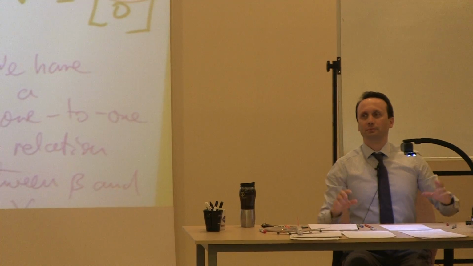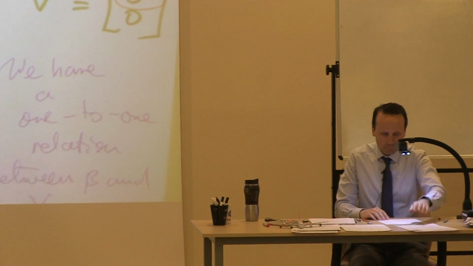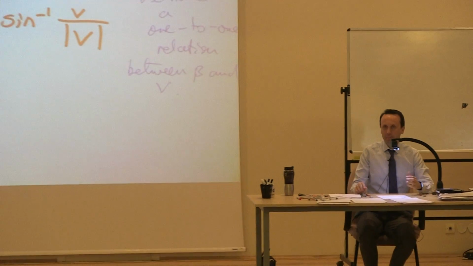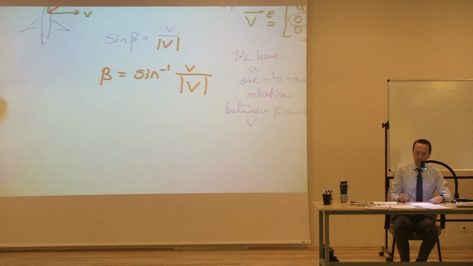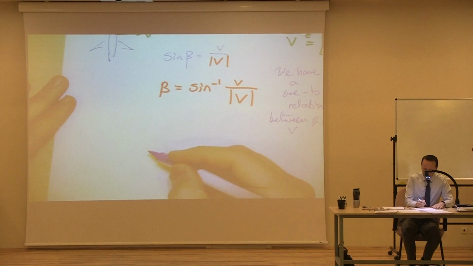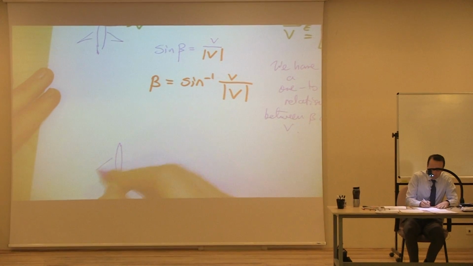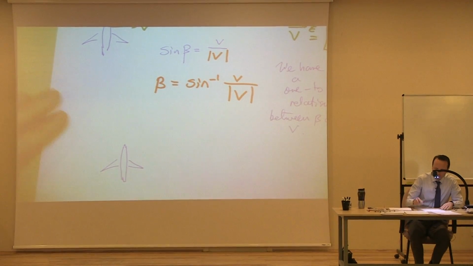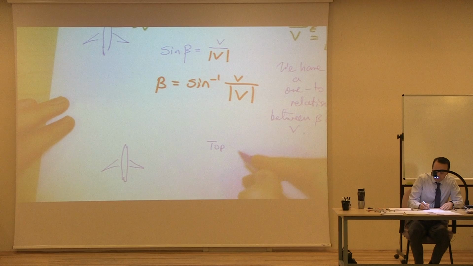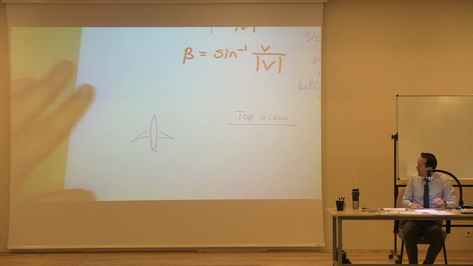Now, here's the part where you might get a little confused. What happens if we have wind? Okay, what happens if we have wind? So let's look at this. This is your airplane, and let's say this is the top view. So we are looking at this airplane from the top.